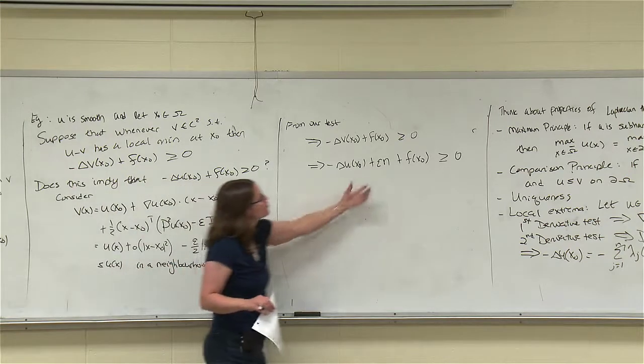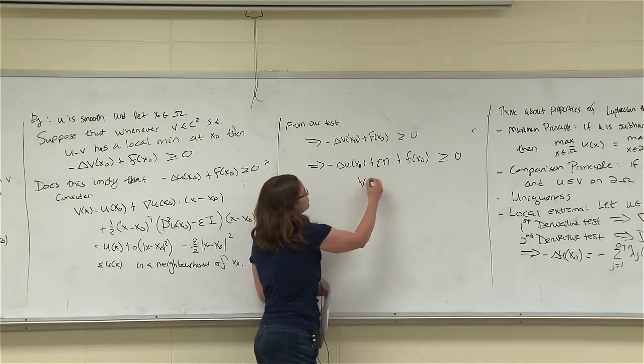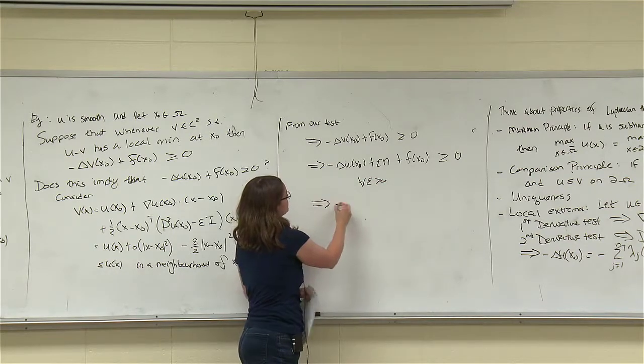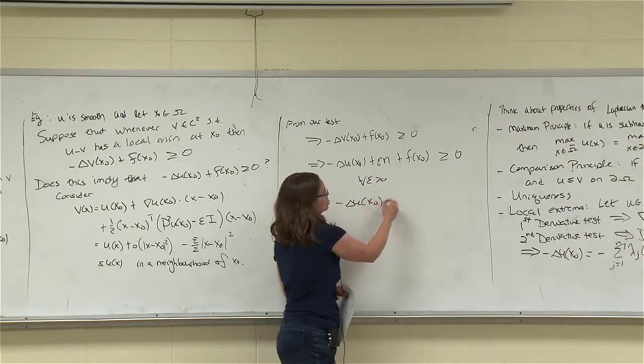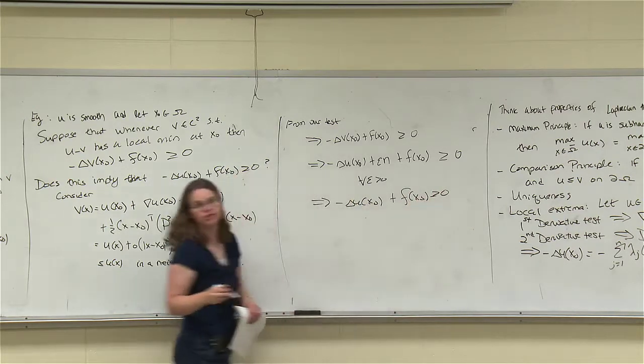And this works for every epsilon greater than 0. So taking epsilon to 0, we get that u is in fact a supersolution of this Poisson equation.